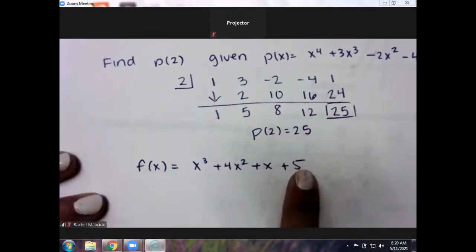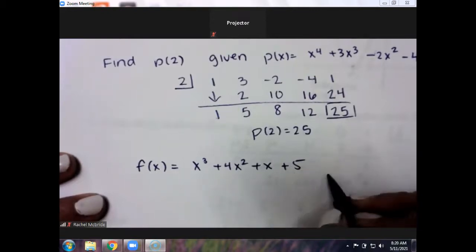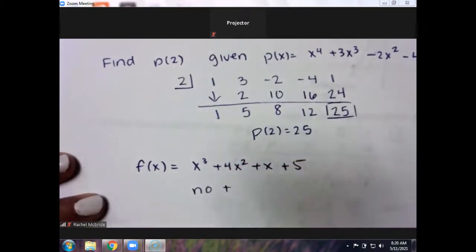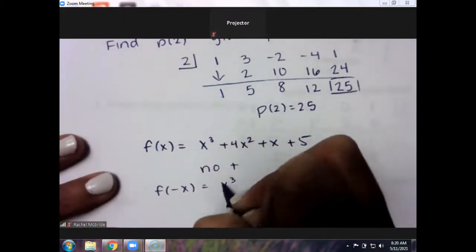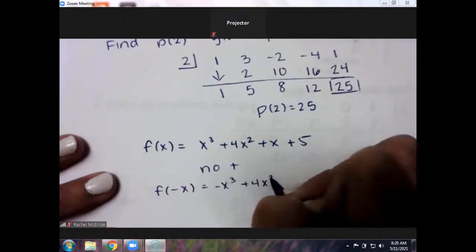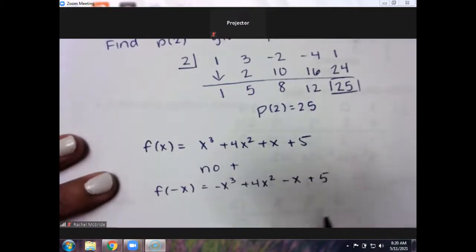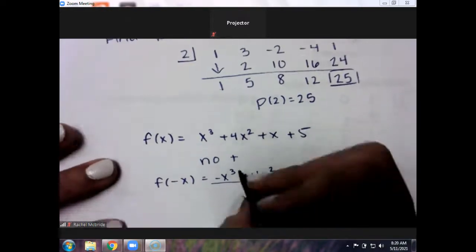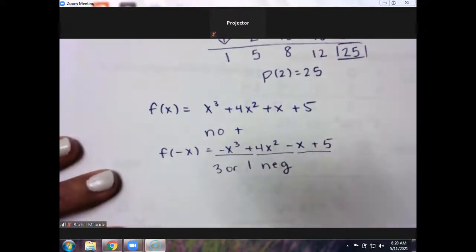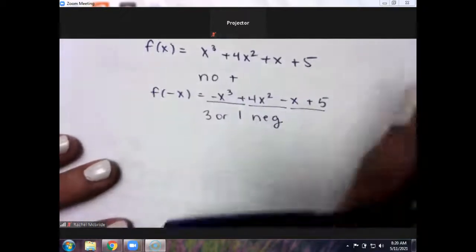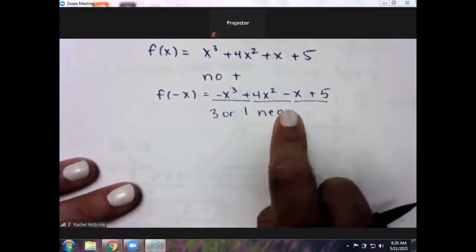If you had to state the number of zeros, no sign change, no positive. Plug in your negative x. Now you have 1, 2, 3 sign changes. So that tells you that you have 3 or 1 negative. That tells me that I have at least one real 0.